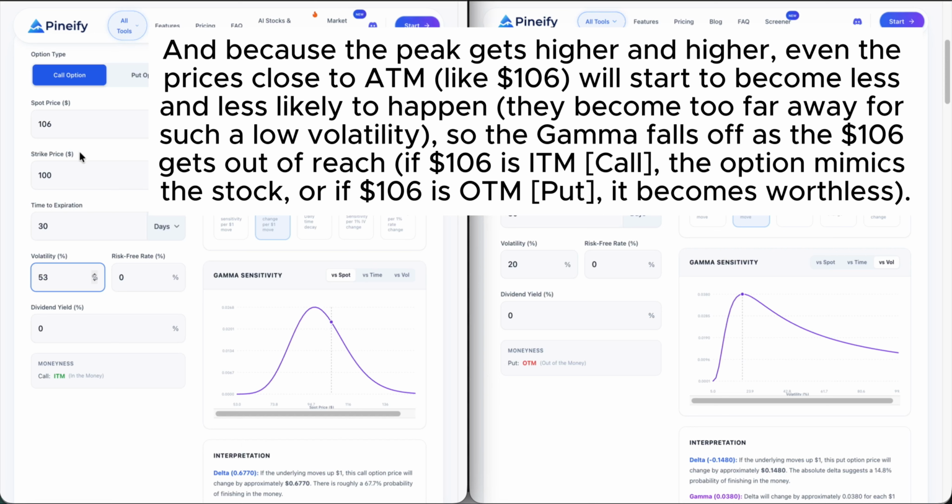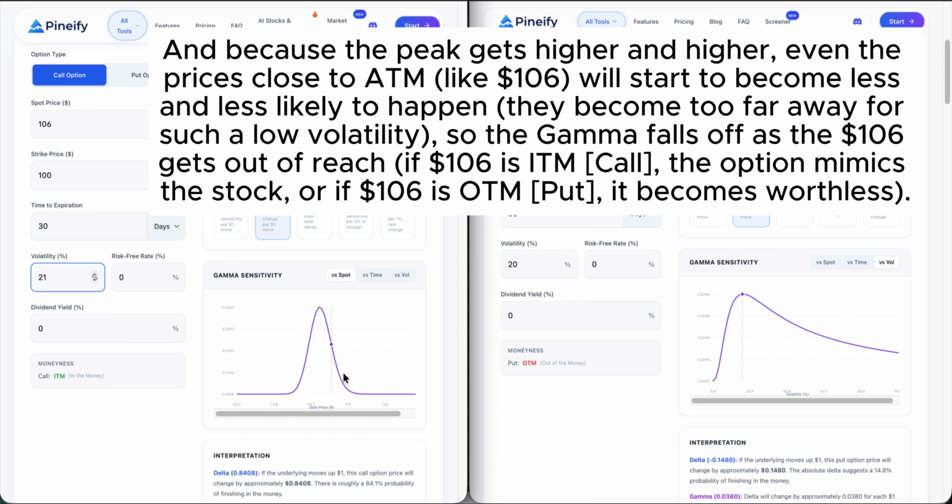And as a result of that, the gamma starts to go down because a stock has a gamma of 0. And so as we remove more and more volatility, you're going to start to see that this dot, which is a stock at 106, is no longer part of the likely outcomes of this particular option, because this option will become more and more likely to stay at the money, which is usually the starting point of it, you see.